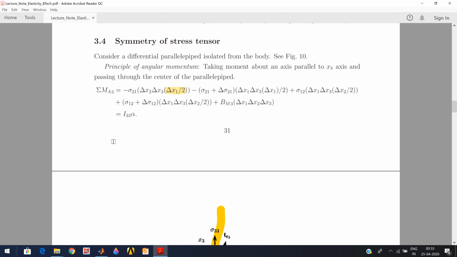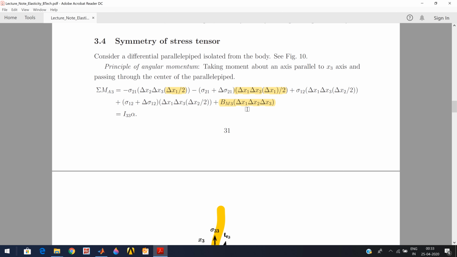This is for the left side force, and then the right side force has an incremental value. This is the area multiplied by the moment arm. Similar thing is done for the other components, sigma 1 2 and sigma 1 2 plus delta sigma 1 2, and there can be some additional body moment. This is the moment acting on the entire body.